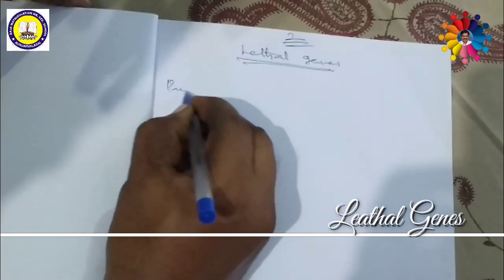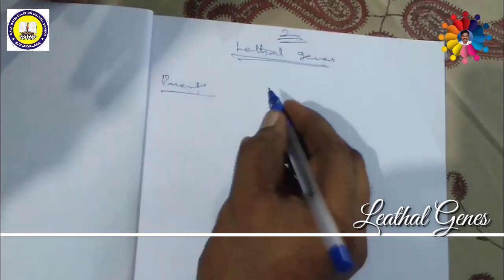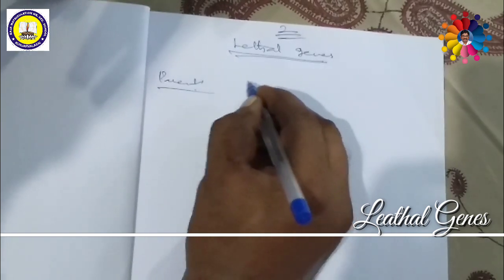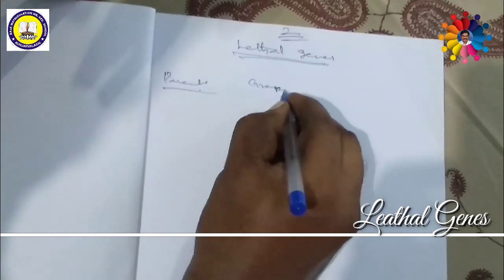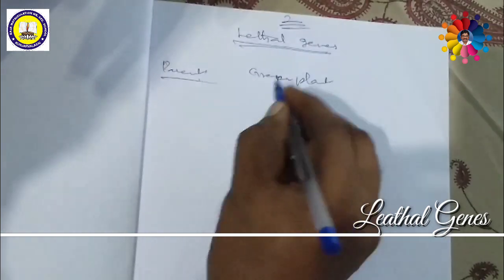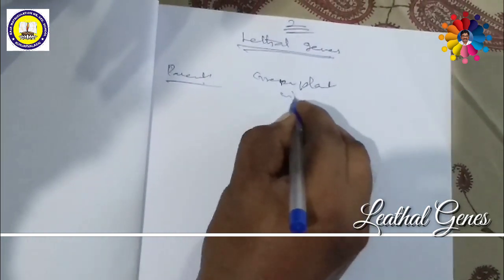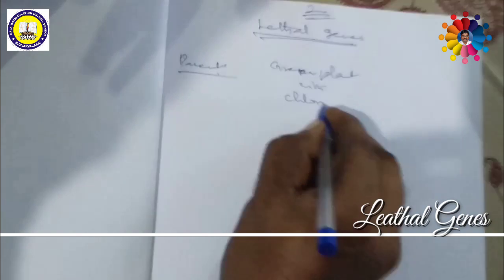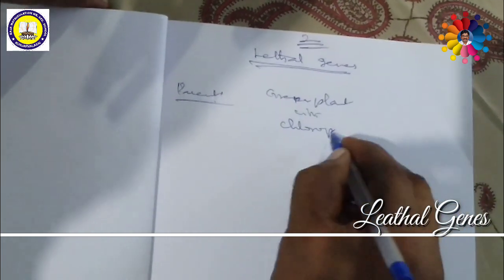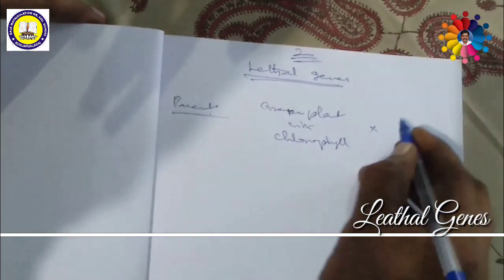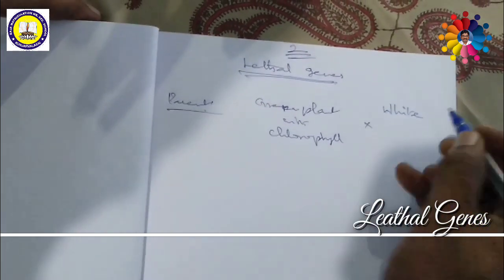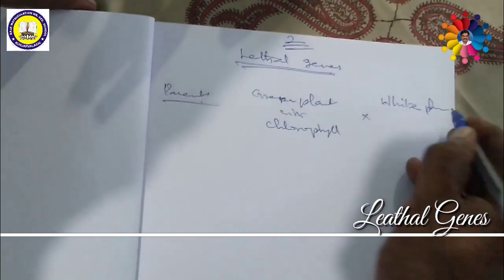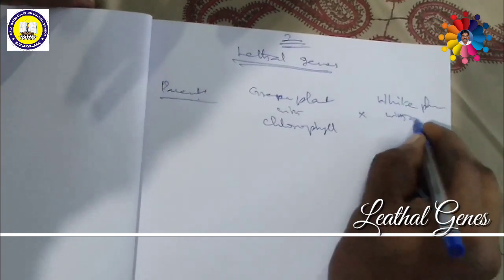A parent plant, suppose a green plant which has chlorophyll, is crossed with a white plant which is non-chlorophyllous, that means a white plant without chlorophyll.